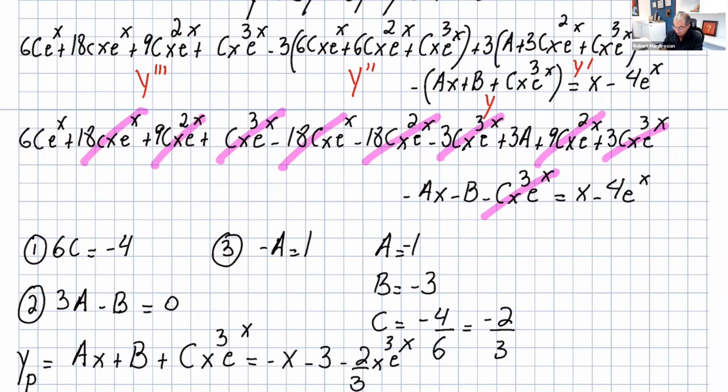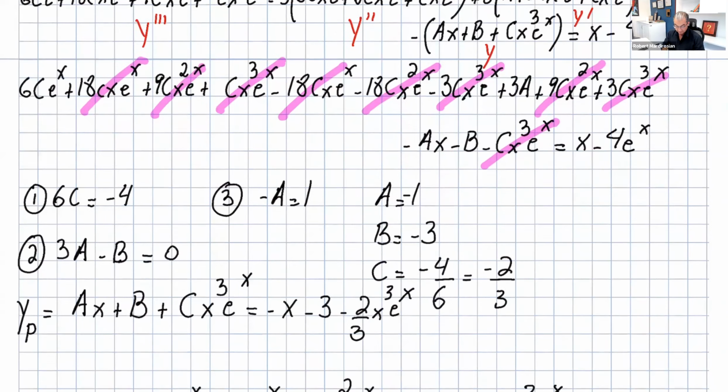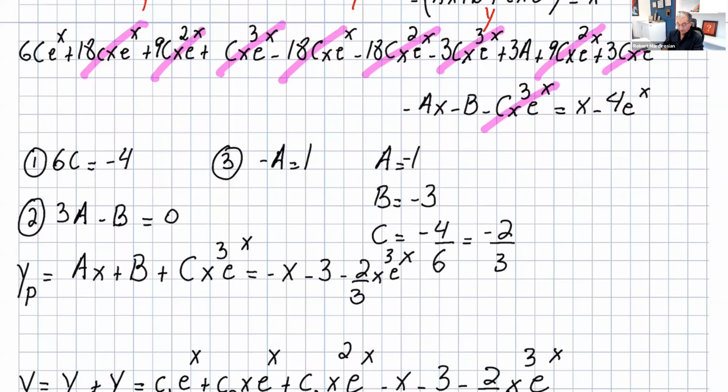There's no constant on this side, so it's 0, but the constants on the left side, we have 3a minus b. So you write 3a minus b equals 0. And finally, the coefficient of x here is 1, and we only have one term, -a x. So -a is 1. That's a simple system.